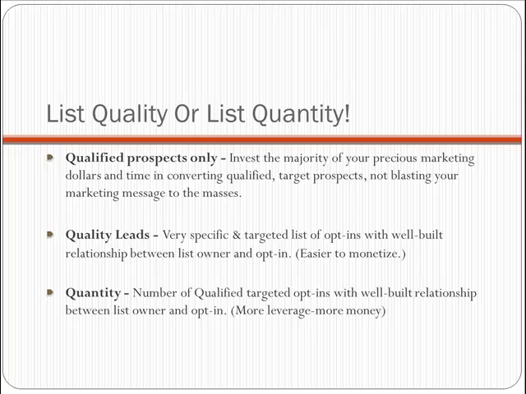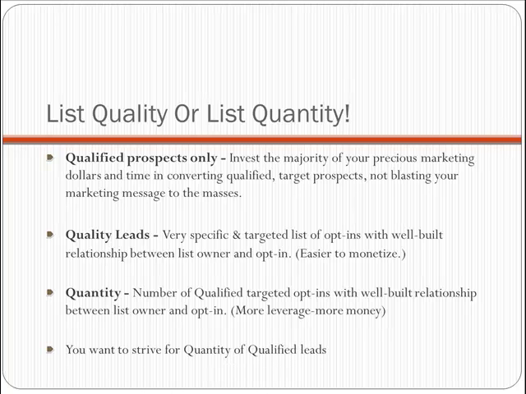You've got more leverage because they're going to start spreading your name around. It's like, hey, so and so did a great job for me. They've got a really good list. I think it would fit your, and they start recommending you, and you've got a lot more leverage and a lot more money coming in if you have good quality leads and focus on building a number of good quality targeted leads.